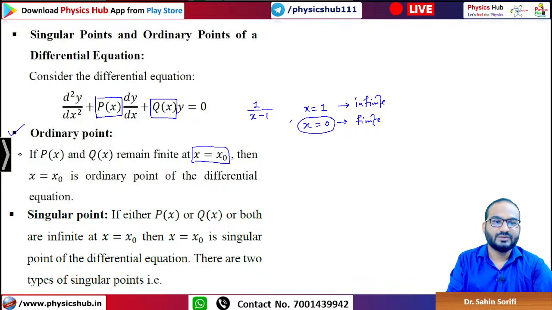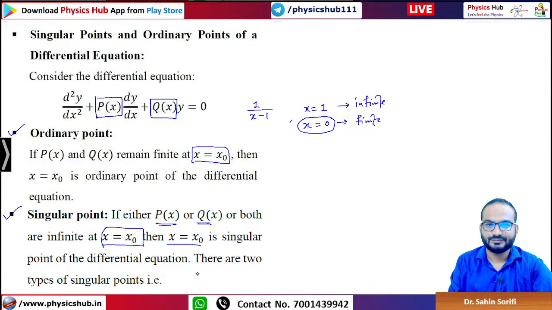What about a singular point? If either p of x or q of x, or both, are infinite at x equals x naught, then x equals x naught is a singular point of the differential equation.